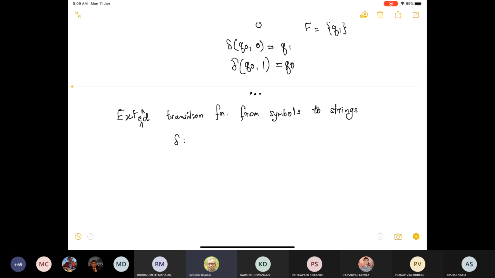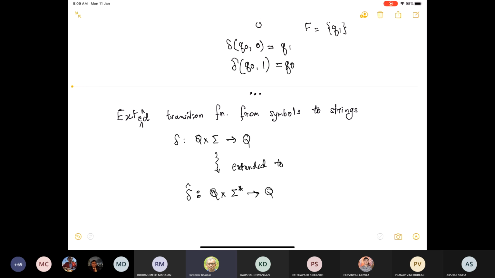Well, here's the transition function. This is extended to a new function, which is Q cross sigma star arrow Q.